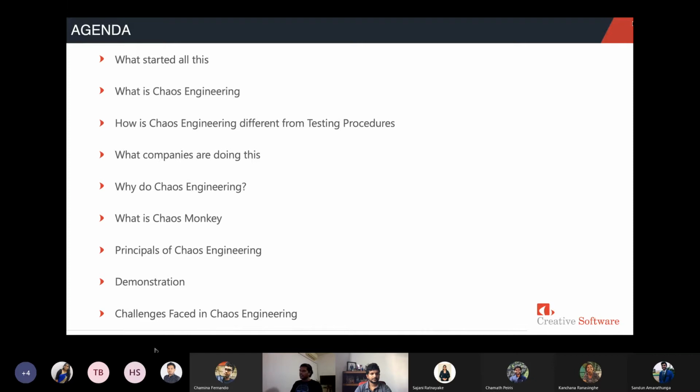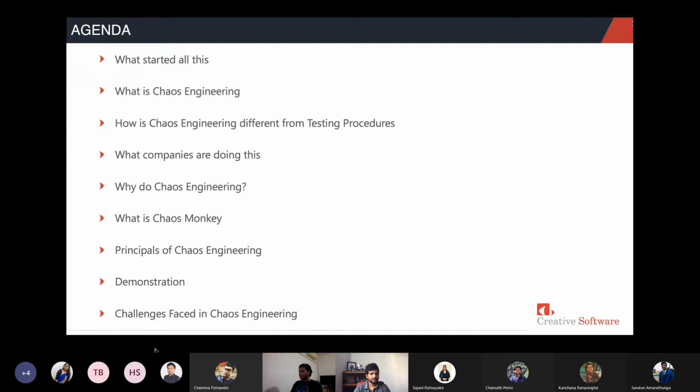We'll also cover what companies are following these practices and why we need to do chaos engineering. And there's a special application called Chaos Monkey. We'll be giving a brief description about that.